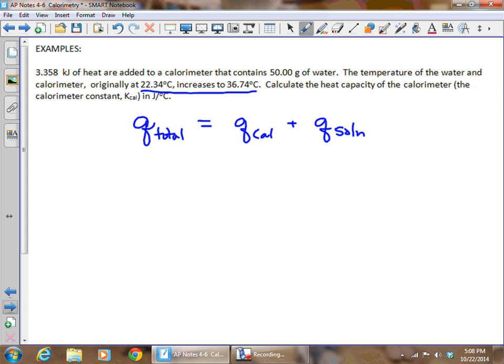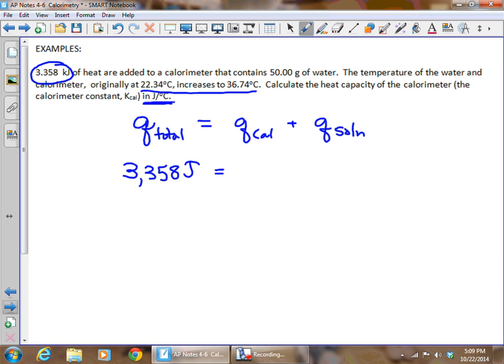And it just told us that they were going to add 3.358 kilojoules. Now, look at the value that you want, your calorimeter constant in joules per degree Celsius. So we'd be better off just to go ahead and change this to joules in the first place. So let's just say that this is 3,358 joules of heat.